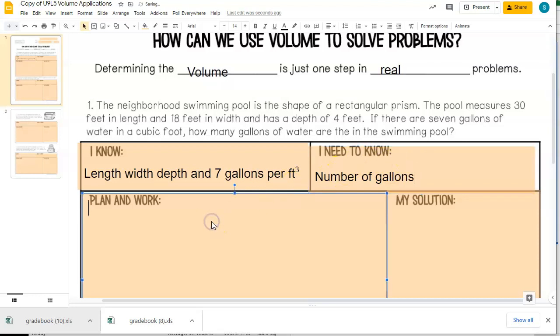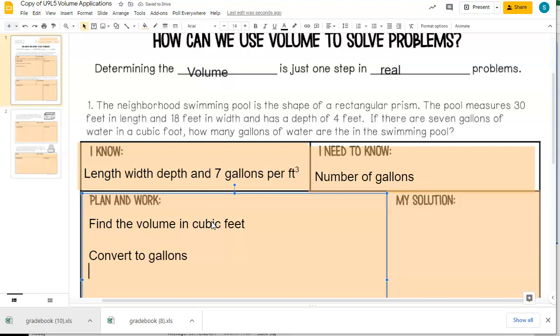So, first thing we're going to do is find the volume in cubic feet, then convert to gallons. All right, so that's going to be our process.